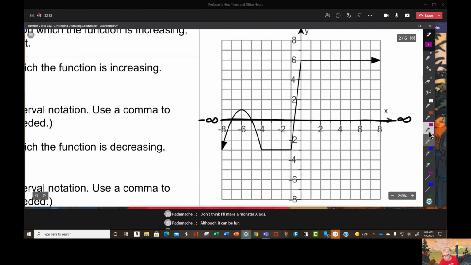All right, so this is kind of like that other graph. We're going up. We're coming down. Down. We're going flat. Flatlining. We're going up.